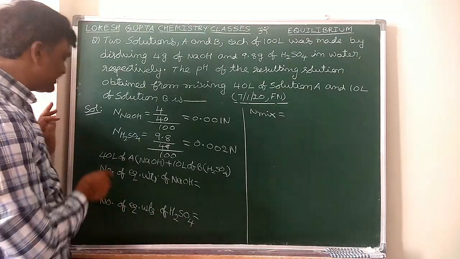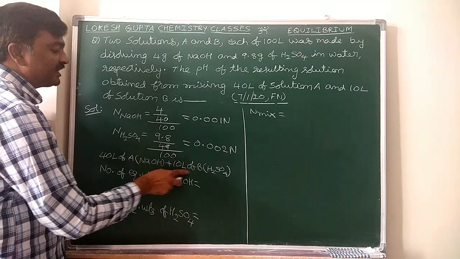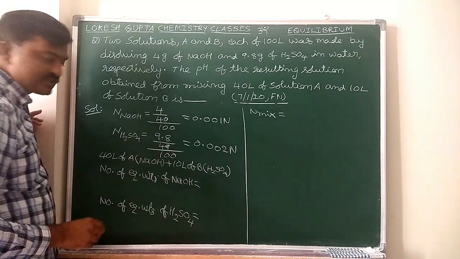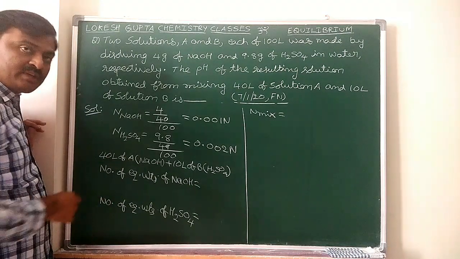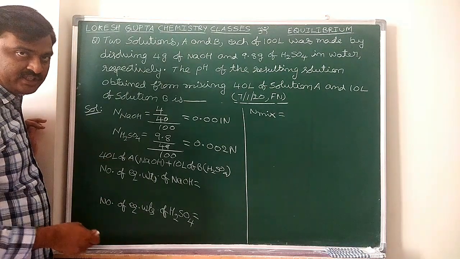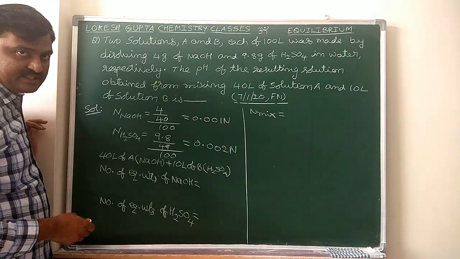Now what did we mix? 40 liters of NaOH solution and 10 liters of sulfuric acid solution. First, calculate the number of equivalent weights of NaOH and of sulfuric acid.